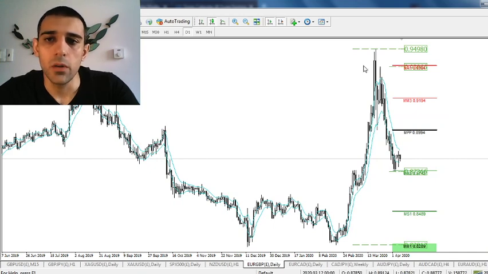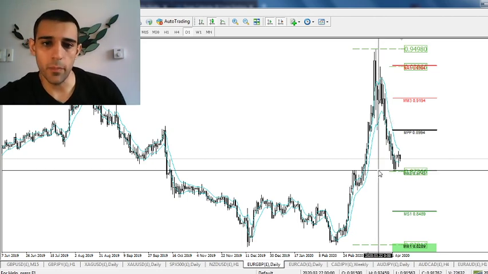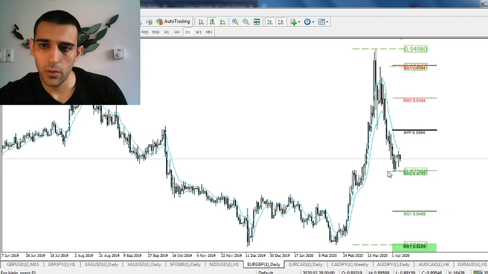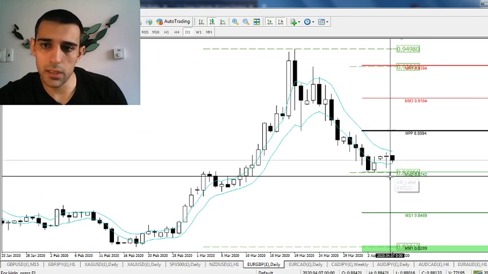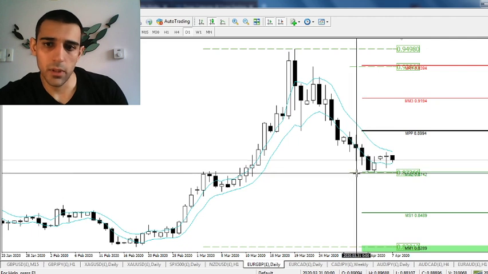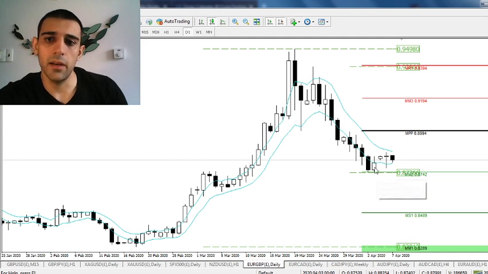EURGBP. Starting with the daily time frame, the price is coming down. We had this bounce, came up and tested these highs here on the daily time frame, and now it's looking weak.